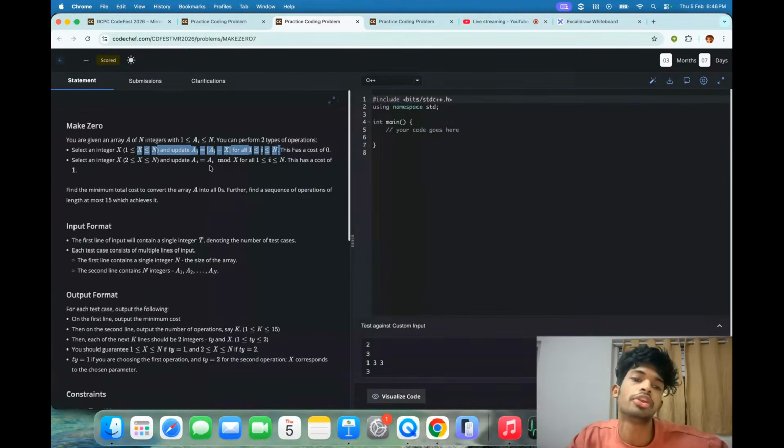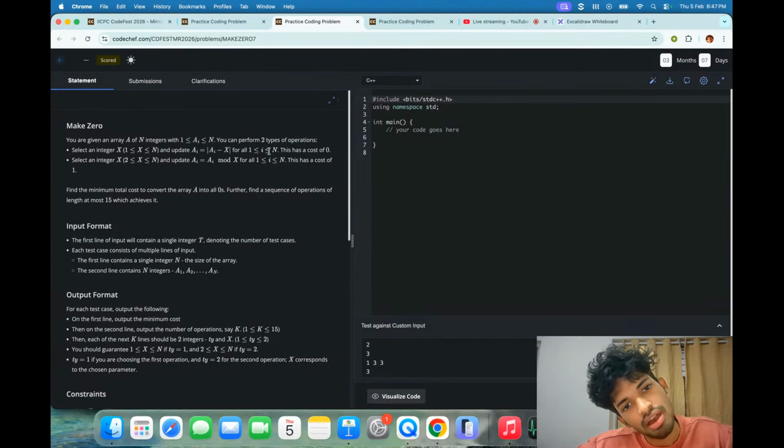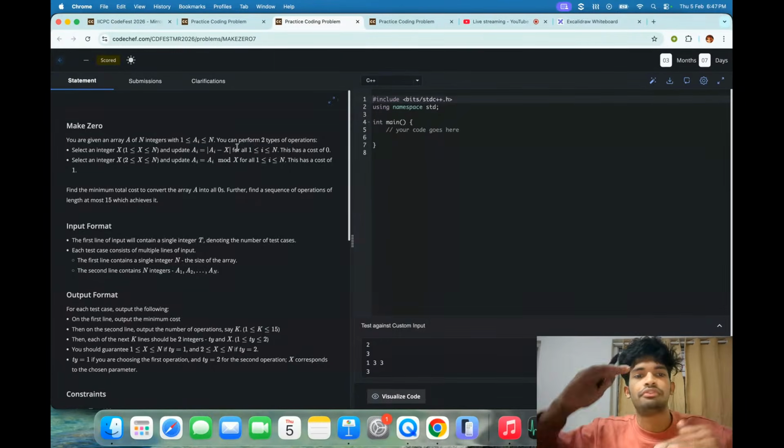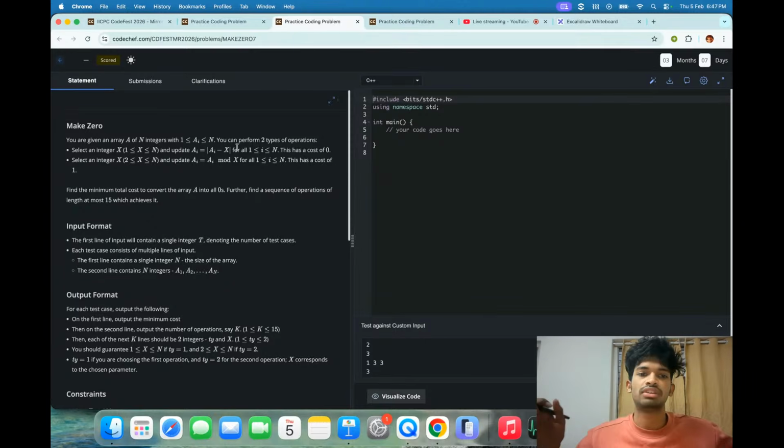If all values are different, you must do this thing at least once. Maybe sometimes you can make them equal using this, but not always. Sometimes you can make them all equal using this one. Because if things are above and below, if you use that, everything will come to equal distance, right?